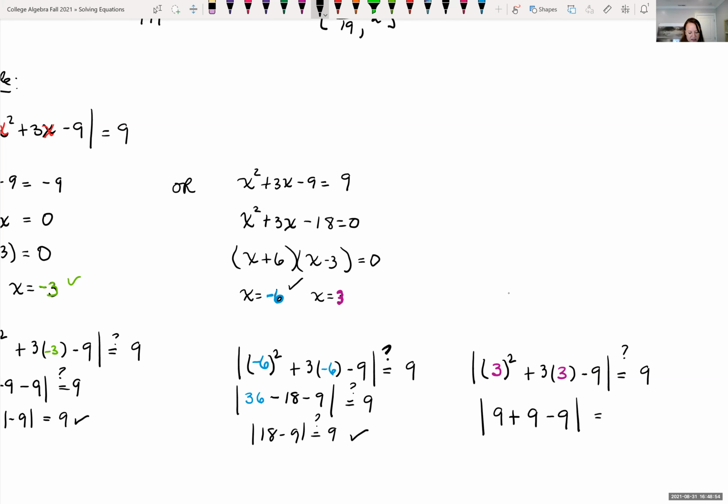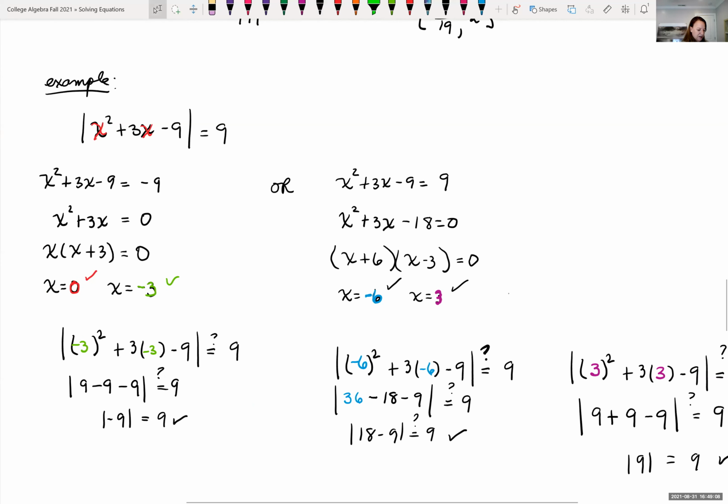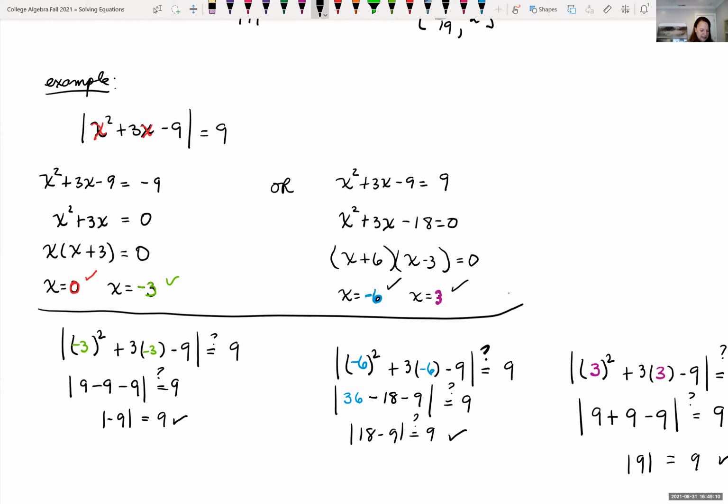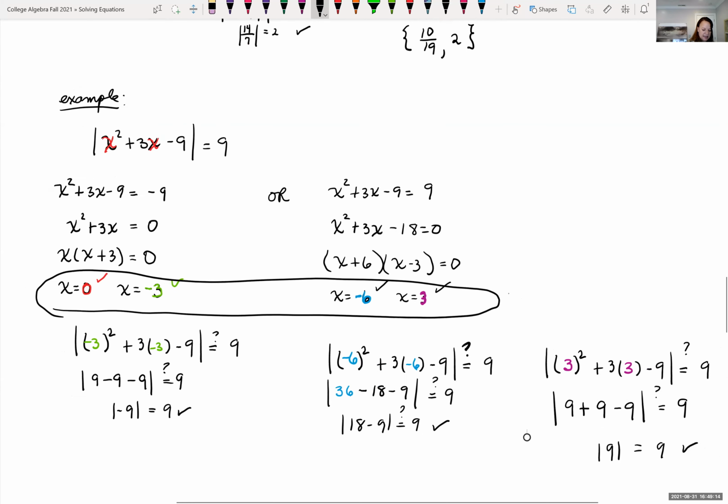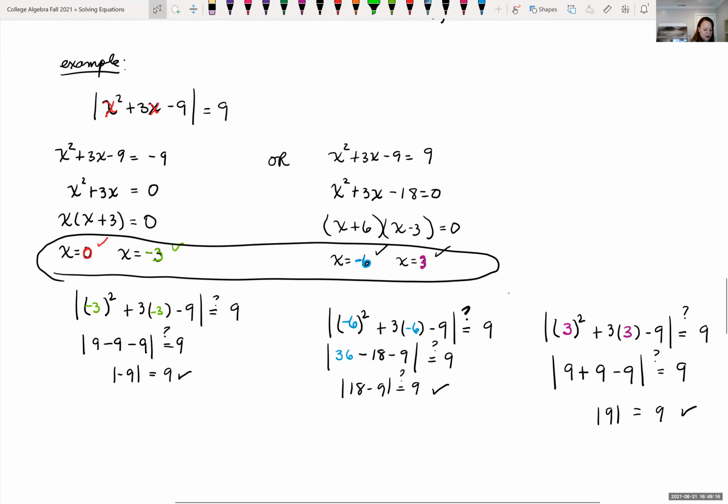Is that absolute value equal to 9? Well, 9 plus 9 is 18. 18 minus 9, that's the absolute value of 9, which is equal to 9. So this one also works. And so the example we just did has 4 different solutions that satisfy that equation.